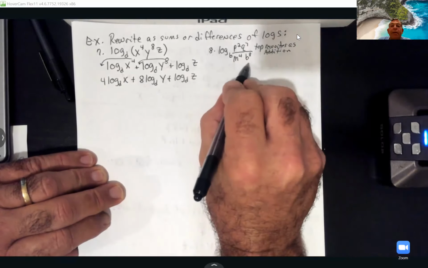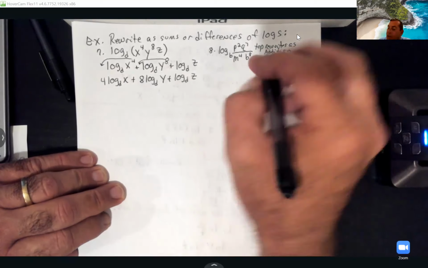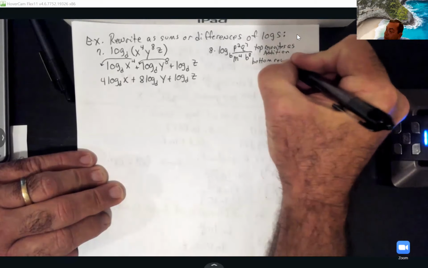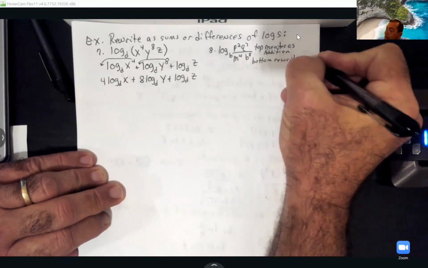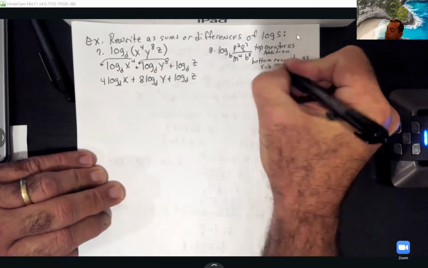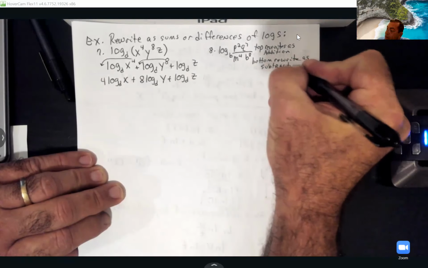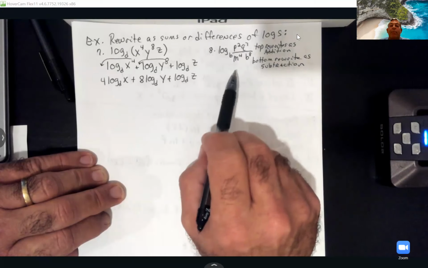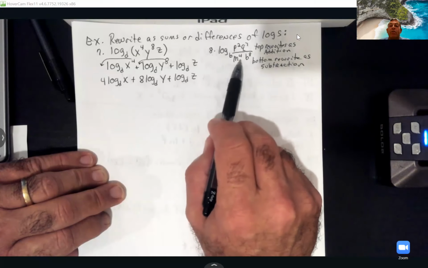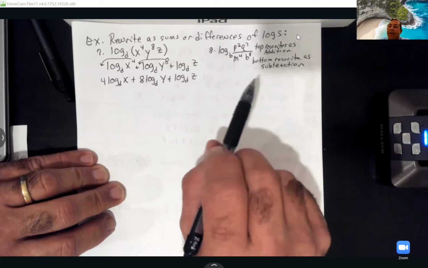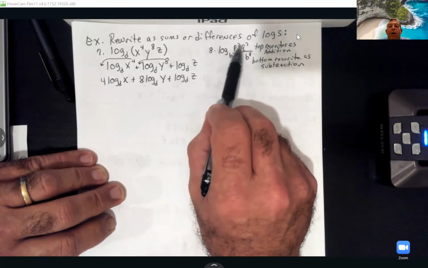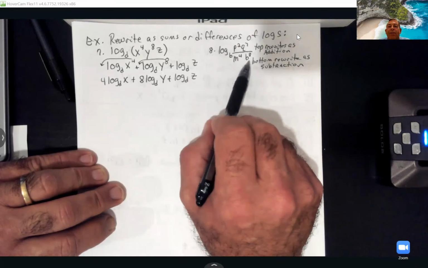The bottom factors will always be rewritten as subtraction. Factors on top of the fraction I'll make positive, and factors on the bottom I'm going to make negative. And I'm going to distribute the log base b to all four of these factors.